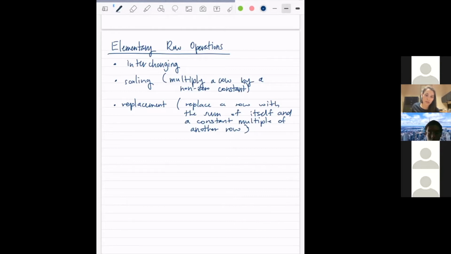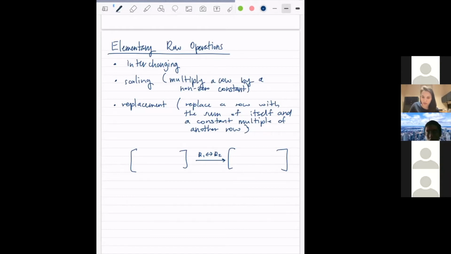And then we went over row echelon form. So I'm going to go over that again. One thing I will say about when we're performing these row operations: say we had a matrix and we wanted to interchange two rows, and we would write it like this, right?